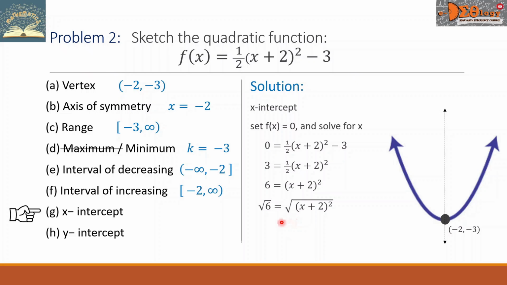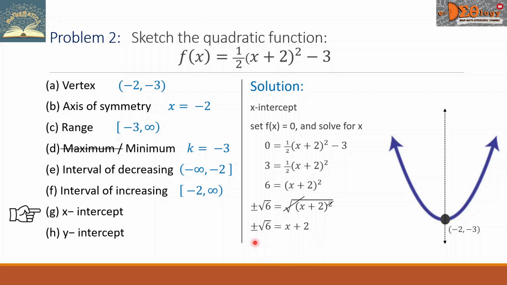From here, we can cancel this radical with the power 2. Only the x plus 2 comes down, while on the left side we're going to show plus and minus in front of this square root. So x plus 2 equals the left side. Now we isolate x. This positive 2 we transpose to the left.